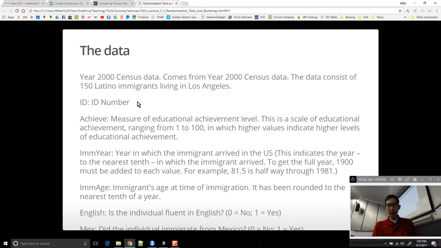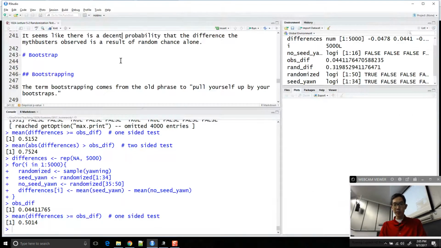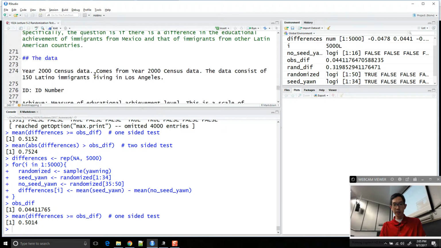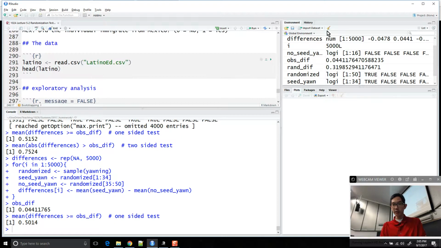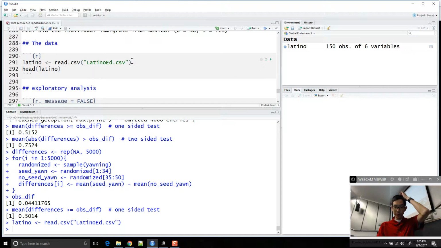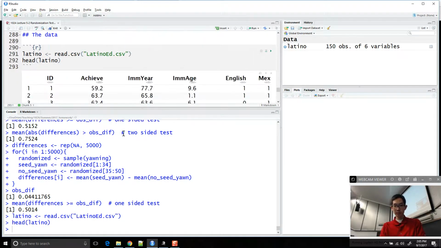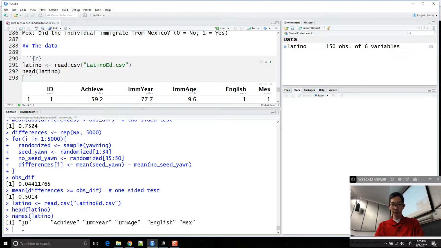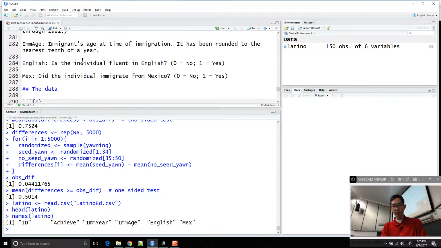Let me load it and we'll take a look at the data. Let me clear this out. We have 6 variables. Let me just do names. We've got ID, achieve, year, age, English, and MEX.